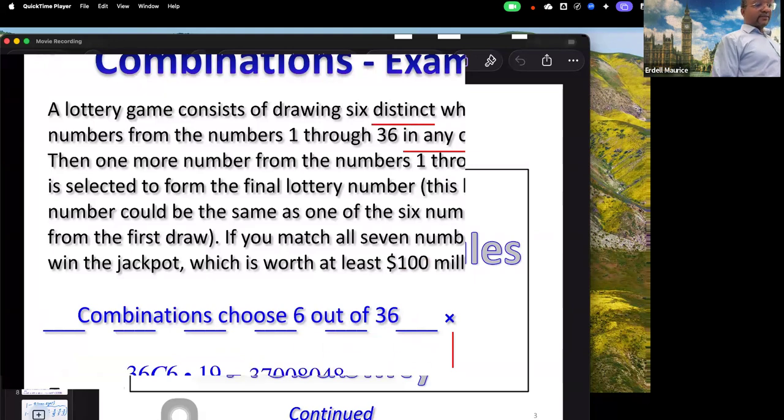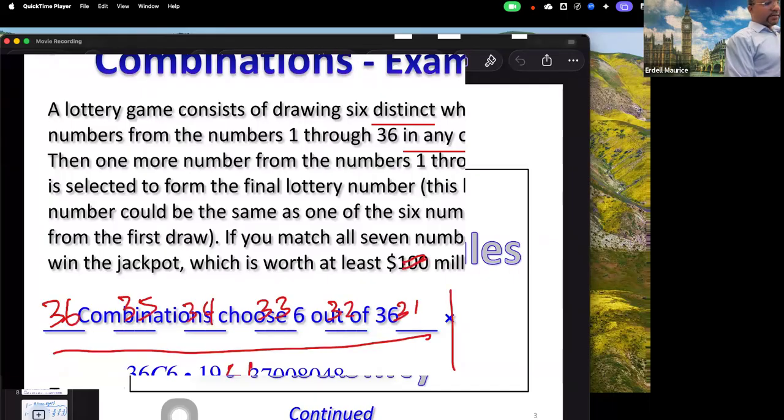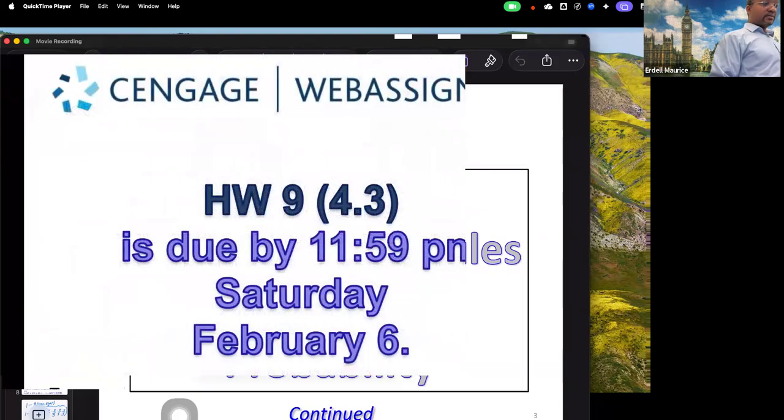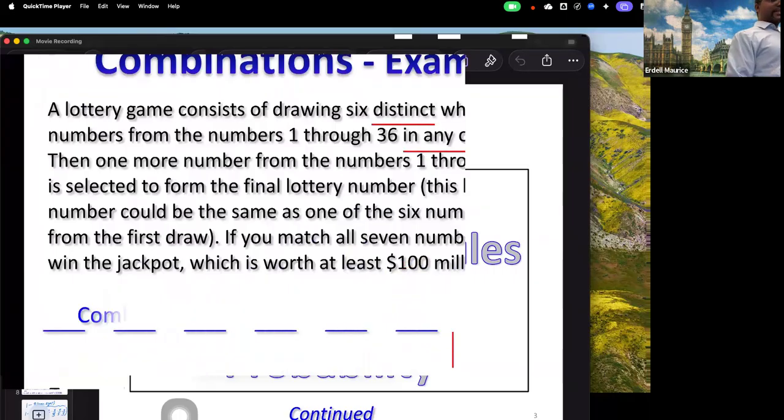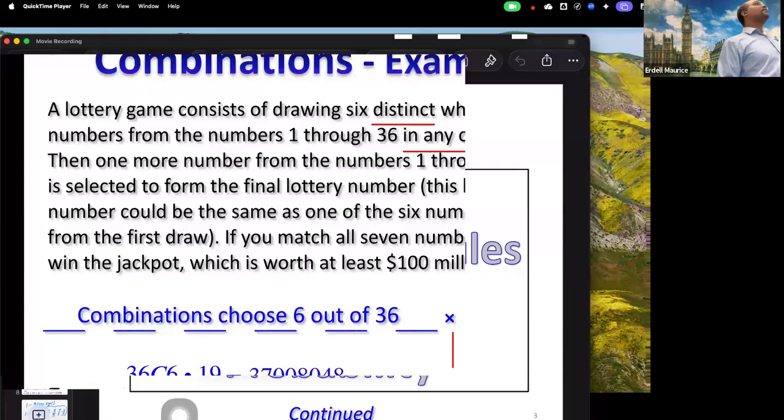And when you do that, let me put the commas in for you guys. Comma here, comma here. The answer is that there are 37 million different combinations to win the Powerball.